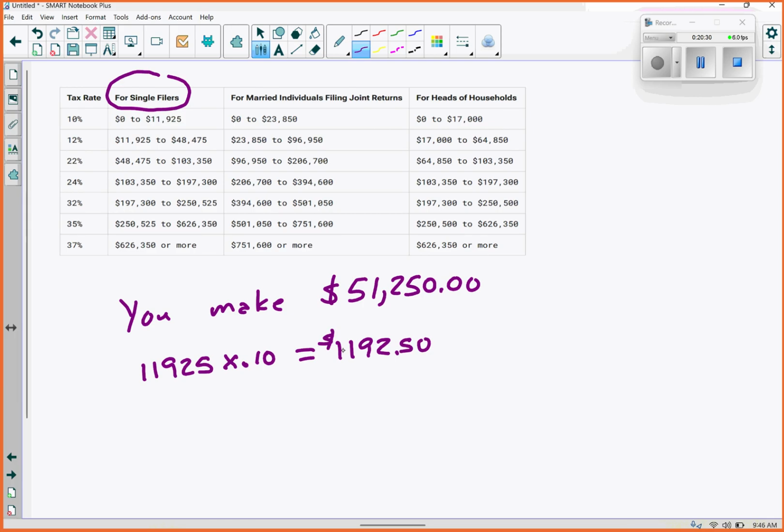Okay, and then being that we're up here, somebody subtract these for me on your calculator. 48,475 minus 11,925. Subtract those, please.